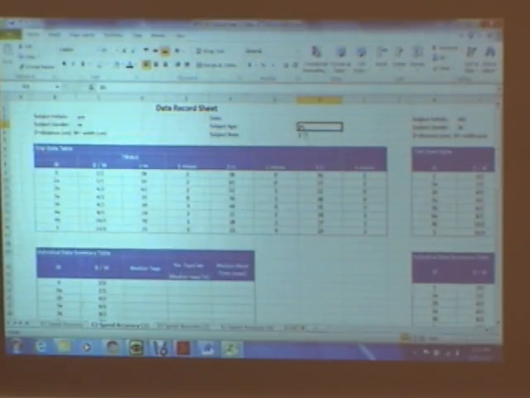We have subject age, which is 20. If you were collecting information on running, you might have how many years experience they've been running, or an athletics team. These kinds of variables they often call grouping variables, that you can then separate your information into different groups.